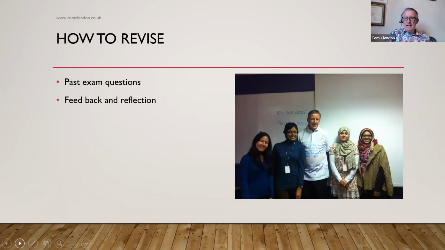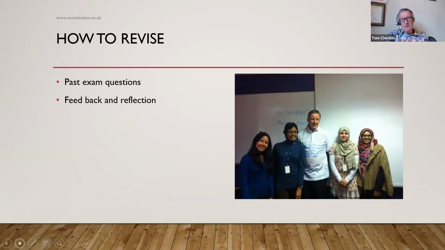If you've got a study buddy, if you've got a tutor who marks your work, take advantage of them. If you've signed up with a tuition provider, you should be using your tutor to mark. If you've paid them money, and you've done some work, do the homework that they set you, get them to mark it so that you've got that opportunity of feedback and reflection.